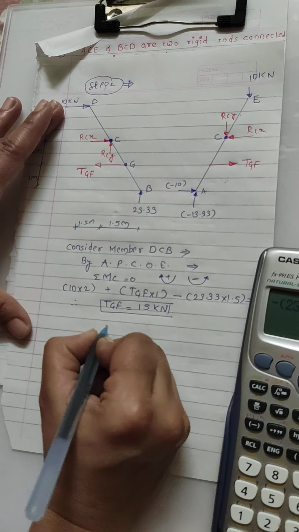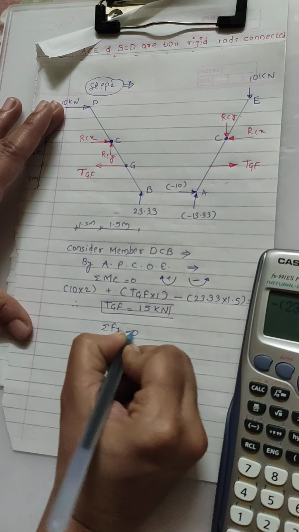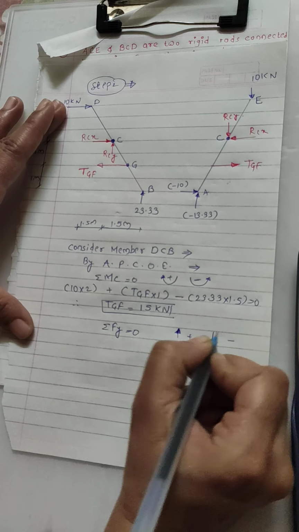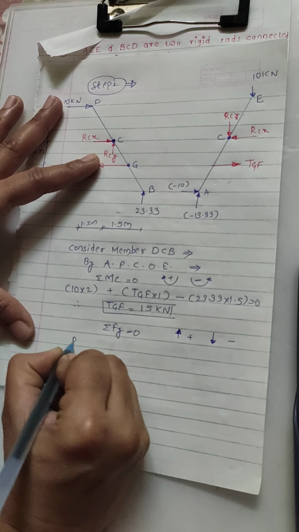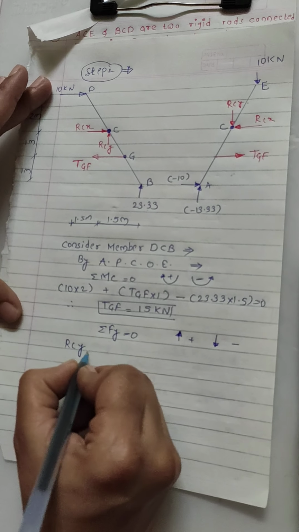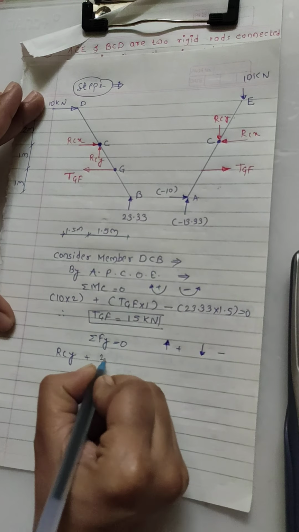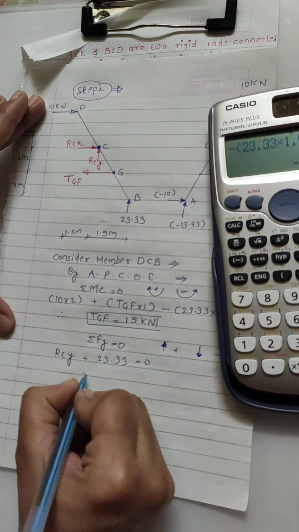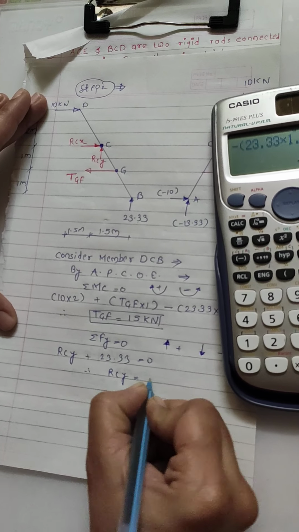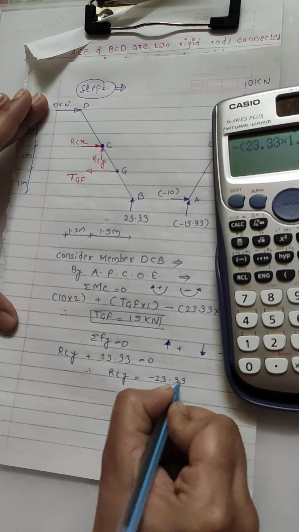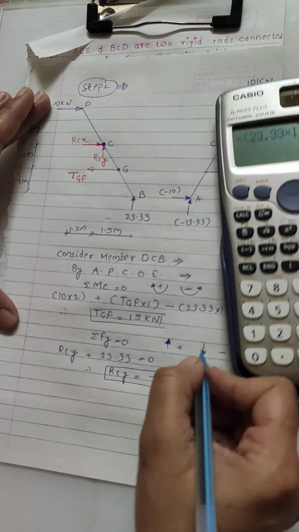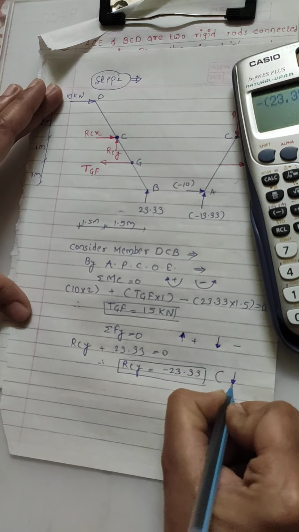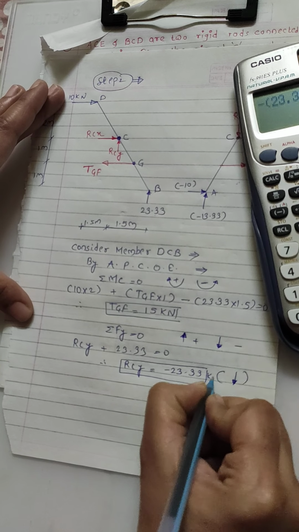Now applying the second condition, summation Fy equals 0, upward positive, downward negative. RCY is acting upward, so plus, and this is 23.33, equals 0. So the value of RCY will be minus 23.33. Answer is minus, means assumption is wrong. It is acting in a downward direction.